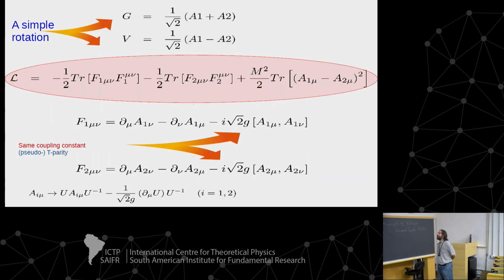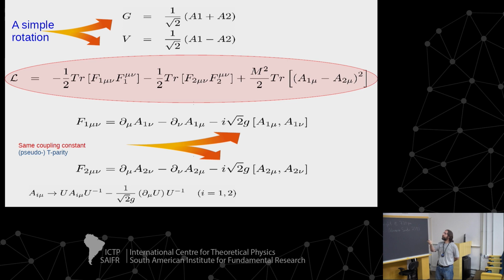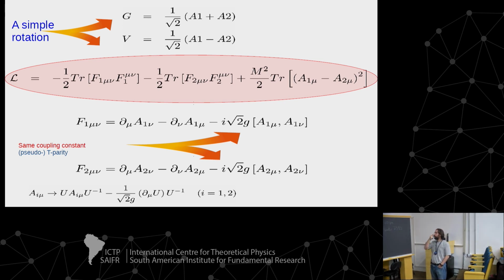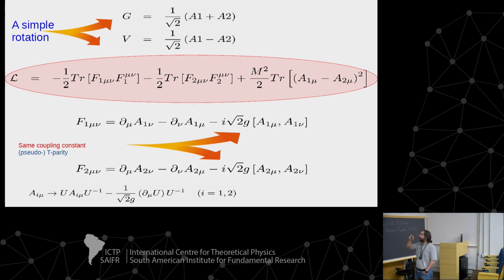Another feature is that with a simple rotation, the Lagrangian can be written in this particular form, where A1 and A2 transform like gauge bosons, like connections, under the same SU(N) group. The basic idea is that the difference of two connections is a tensor.